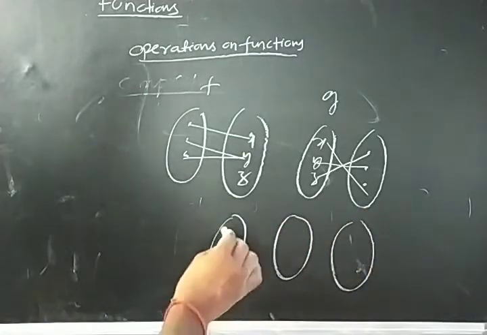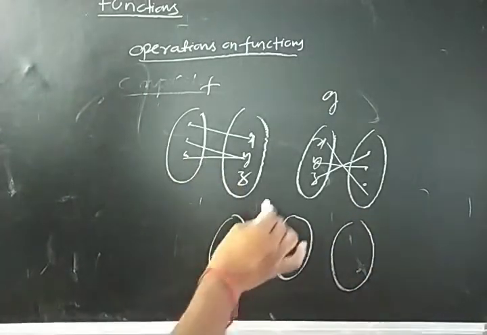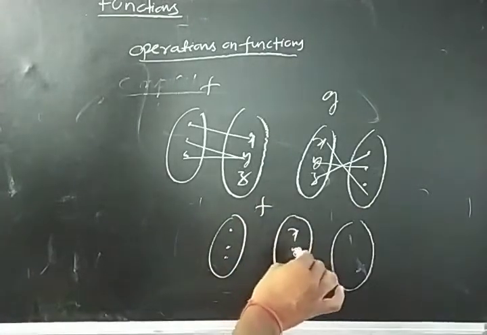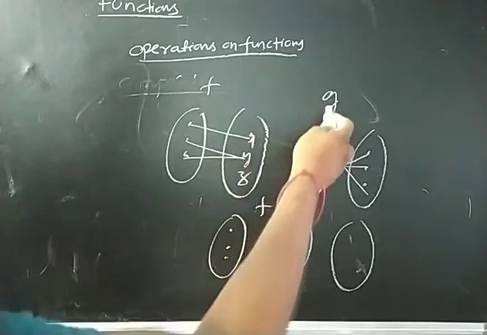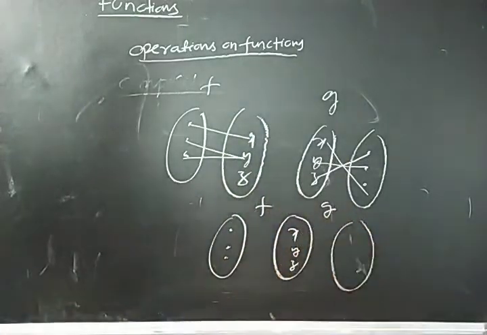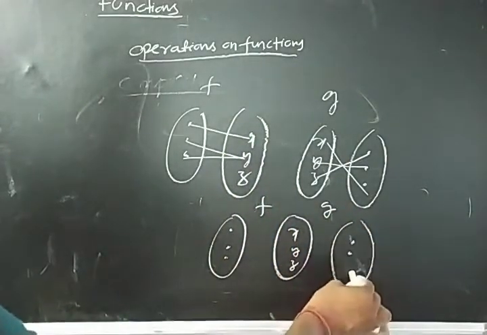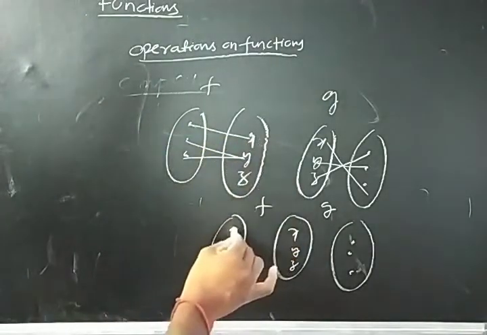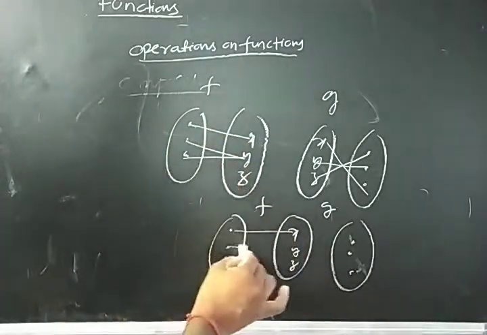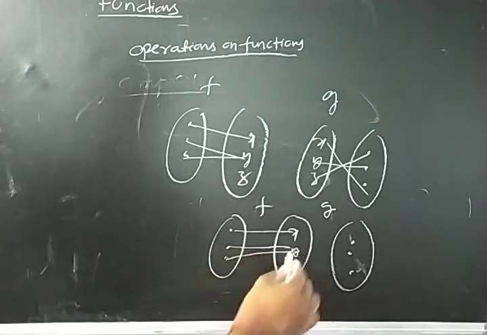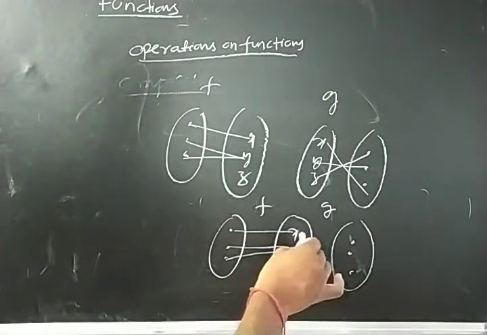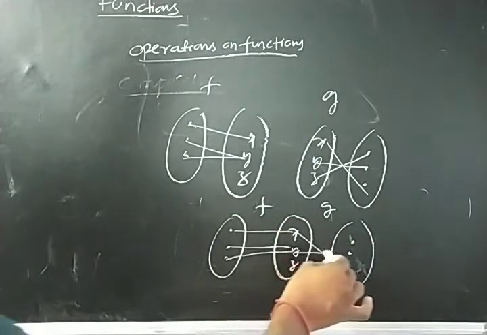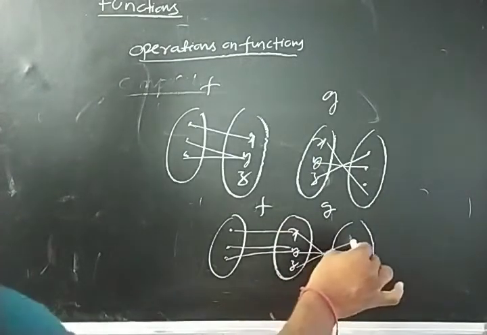Like this, I am taking the domain of f with elements 1, 2, 3, and these are the codomain elements x, y, z, and the codomain of f and the domain of g are the same. So I am taking g here. Now these are the codomain elements of g. Now the first element is related with x, the second element is related with y, the third element is related with y, and here from g, x is related with the third element, y is related with the middle element, z is related with the first element.